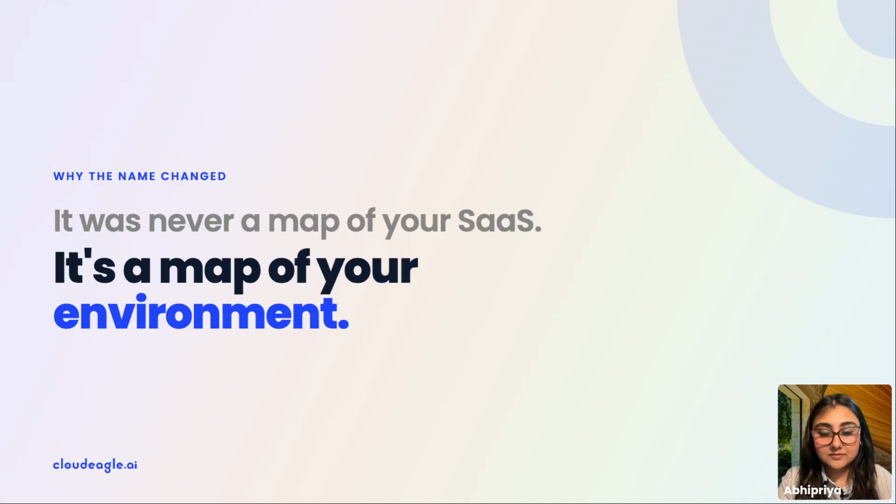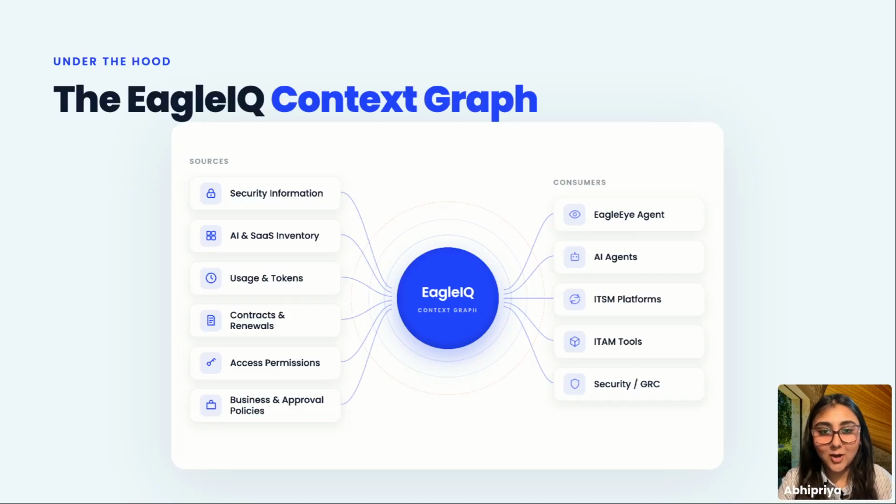So this is the whole thing on the screen right here, and let me walk you through it. On the left, that's everything feeding into the graph, the six signals and all. I'll explain them in depth on the next slide. And it lands in the middle, which is EagleIQ, the context graph. And that name is literal. It really is a graph. Every app, every identity, human or non-human, is a node, and the connections between them, who owns what, who can reach it, what it costs, are the edges.